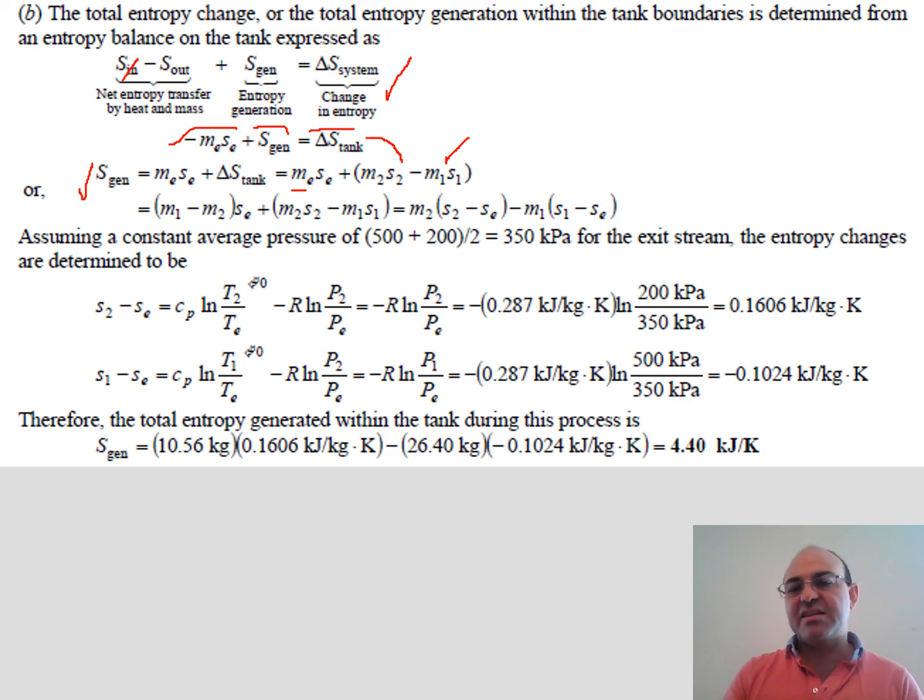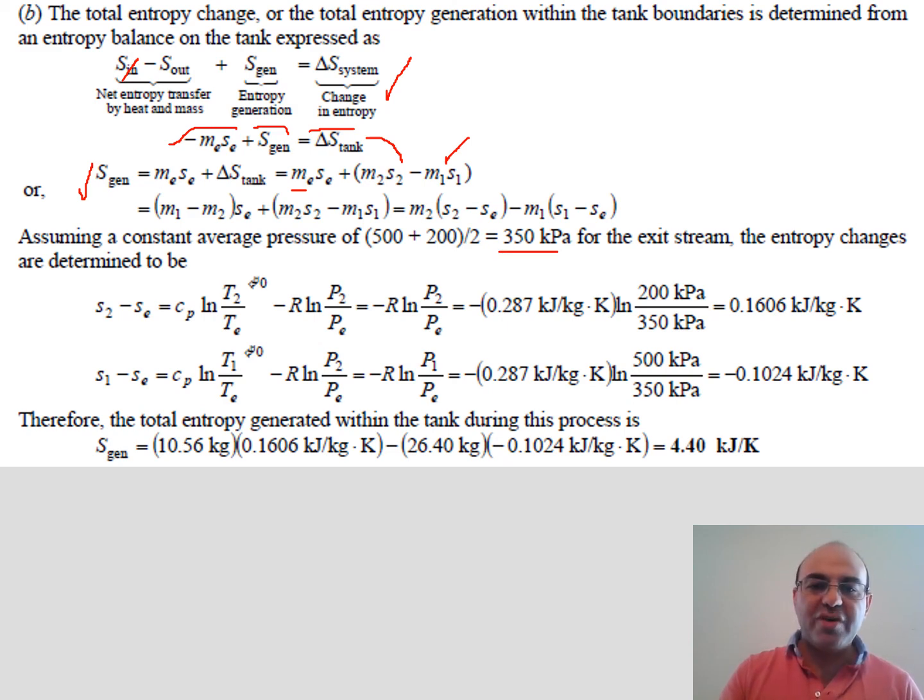Here is based on the approximate equation for the entropy change of a gas. Now here the temperature of the exit gas is constant. However, the pressure is changing from 200 kilopascal to 500 kilopascal, so the average pressure is therefore 350.